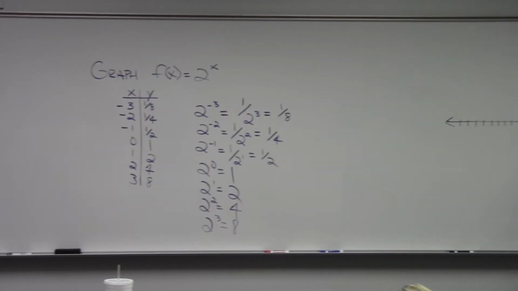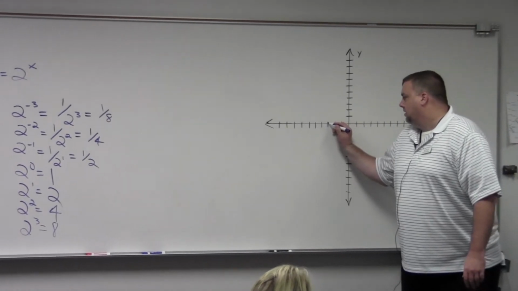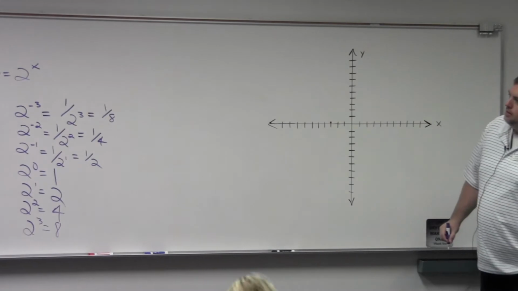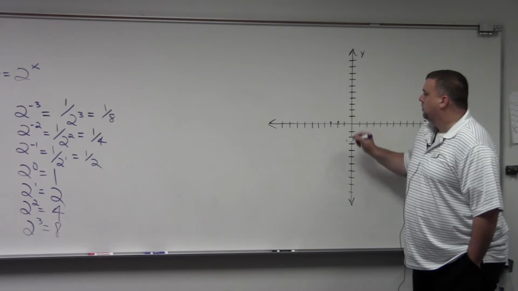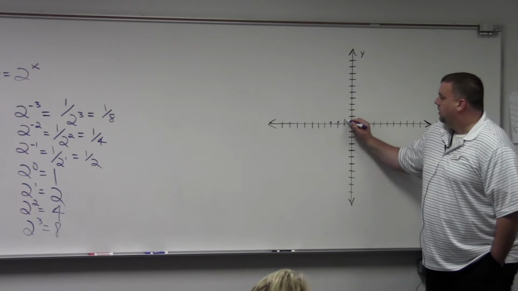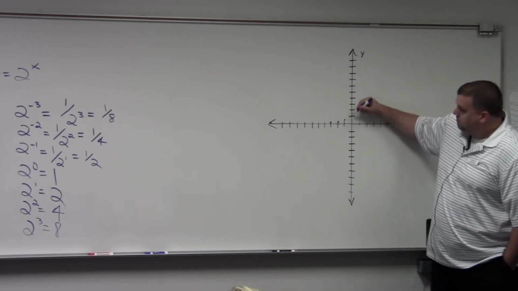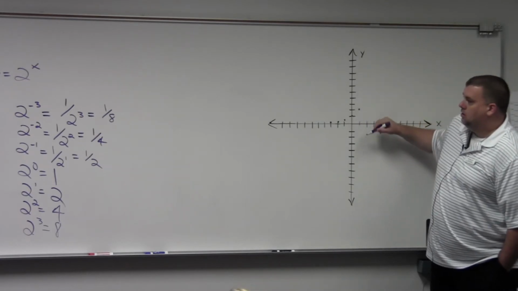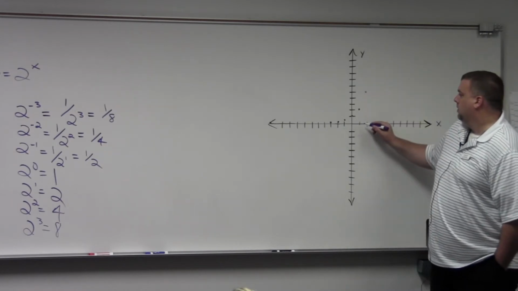Negative 3, 1/8, it's just barely above the x-axis. Negative 2, 1/4, once again just barely above the x-axis. Negative 1, 1/2. 0, 1. 1, 2. 2, 4, and 3, 8.